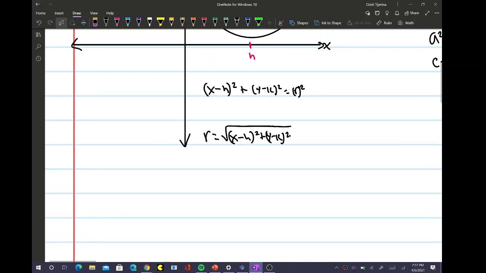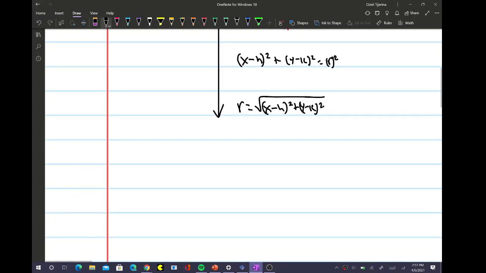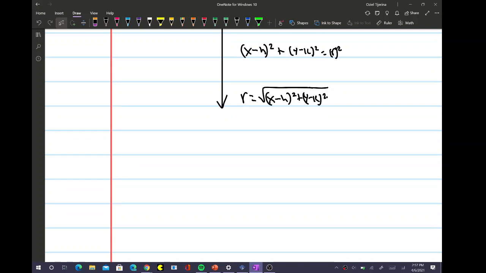I forget what this one is called. I don't know if it's vertex form. I think it is. But this is one example, right? And the other one, we're just going to go ahead and dive in.